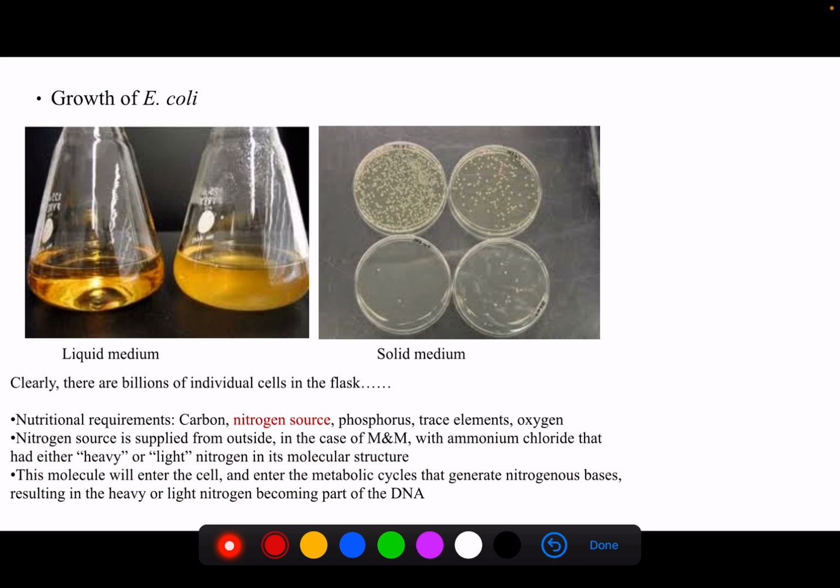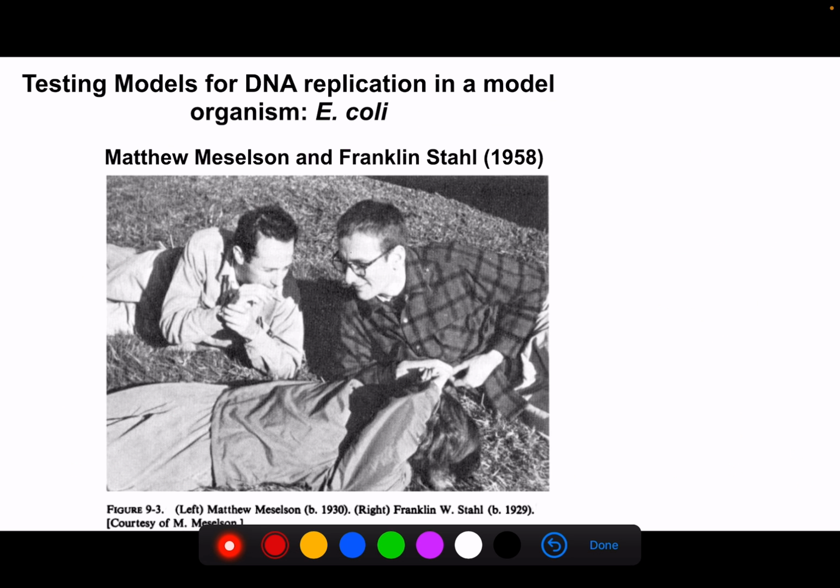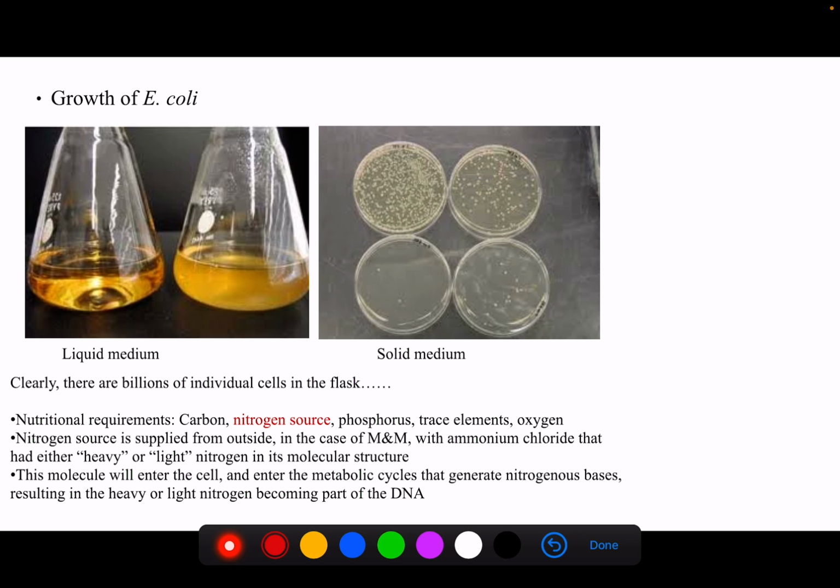But what they did was consider nutritional requirements: carbon, nitrogen source, phosphorus, trace elements, and oxygen. Nitrogen is supplied from outside in this case. Matthew Meselson used ammonium chloride that was either heavy or light.